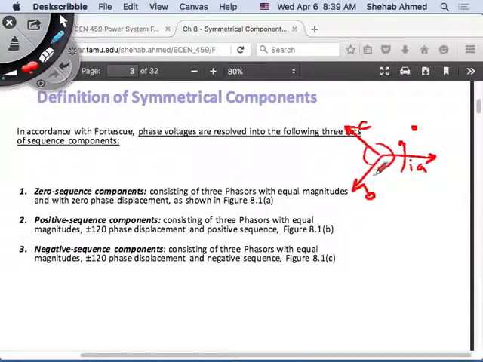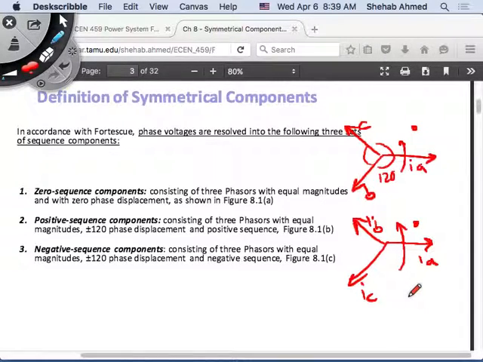These positive sequence voltages or currents were three-phase voltages or currents that were 120 degrees apart and were equal in magnitude. What did we say if the sequence was reversed? So this was IA, and this was IC, and this was IB, and I was standing here, looking at them rotate.